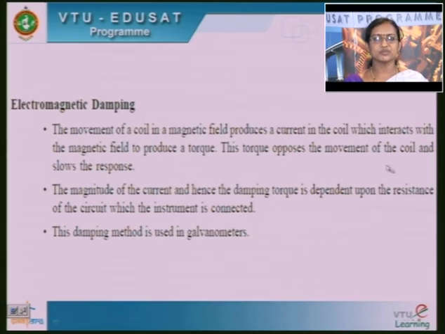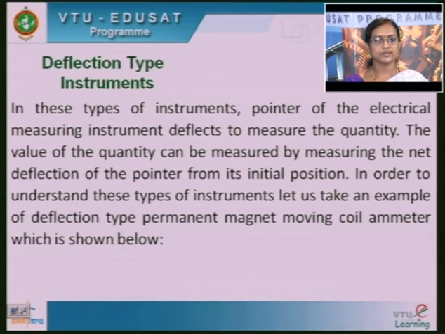This torque opposes the movement of the coil and slows the response. The magnitude of the current, and hence the damping torque, depends upon the resistance of the circuit to which the instrument is connected. This damping method is used in galvanometers. This means the deflecting torque has to overcome the controlling torque and also the damping torque.